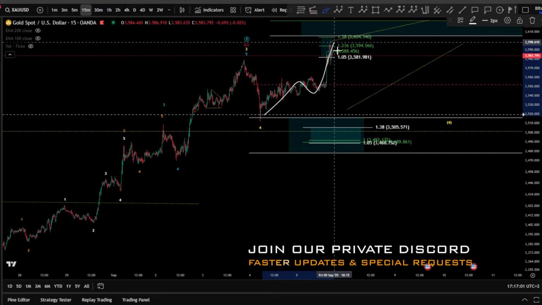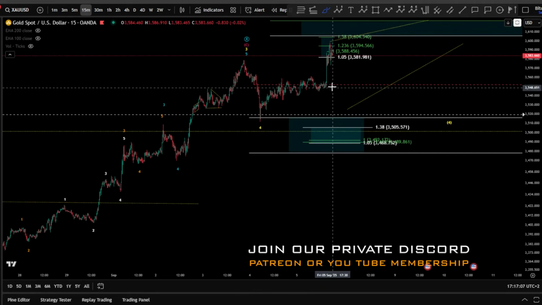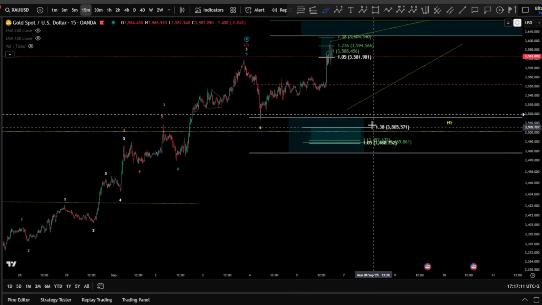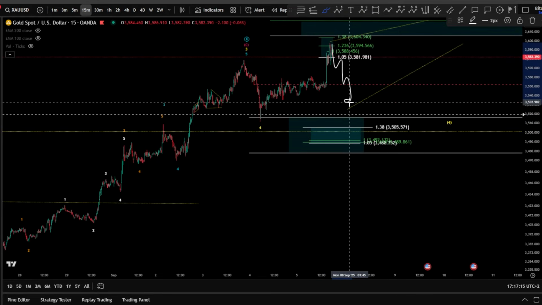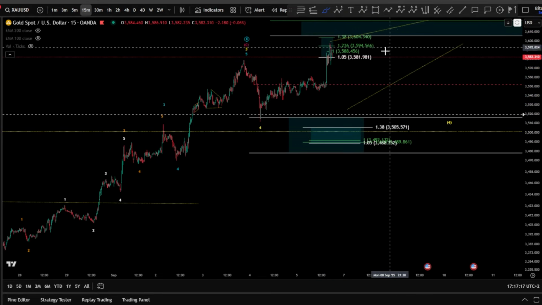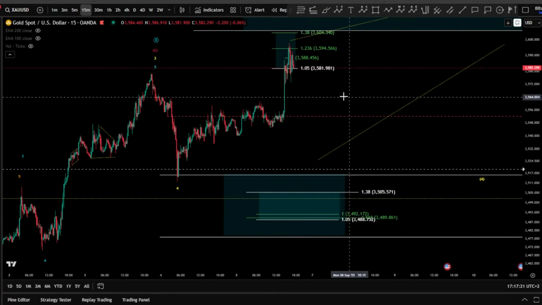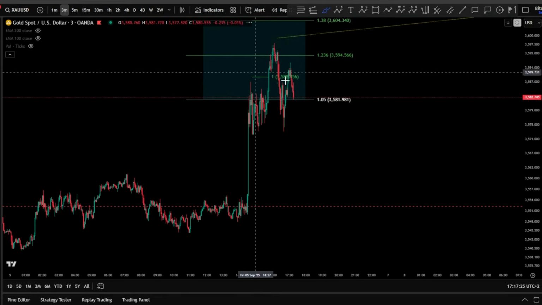The second one can be a bullish ending diagonal, and the third one can be a running flat, failing to take the low, meaning finishing 5 waves down, failing to take the low, and then moving towards the upside. One of these possibilities has to unfold in case you are bullish, but currently I don't see really good strength for the gold.